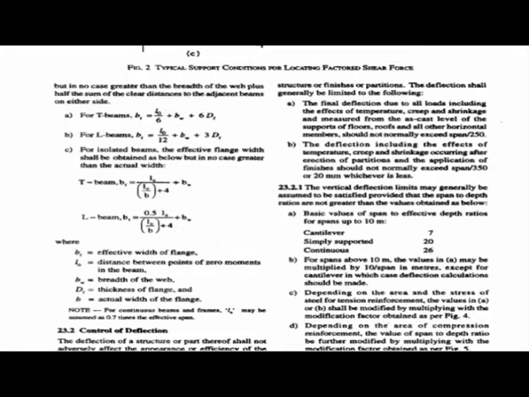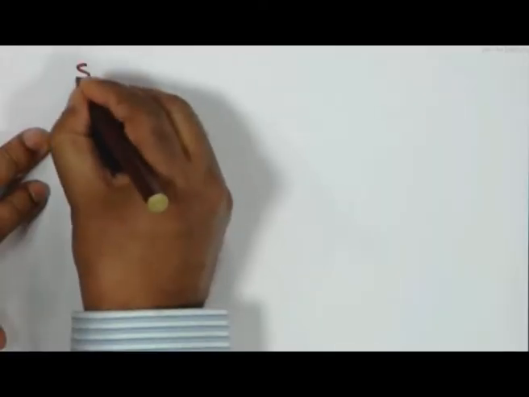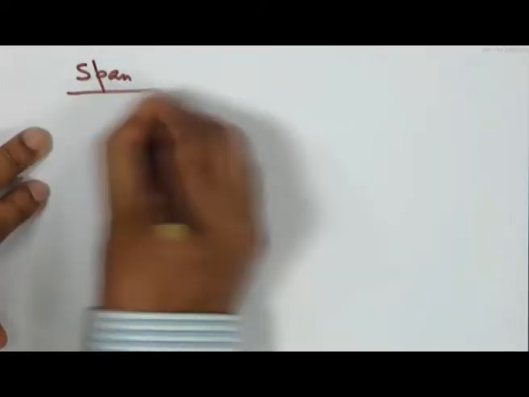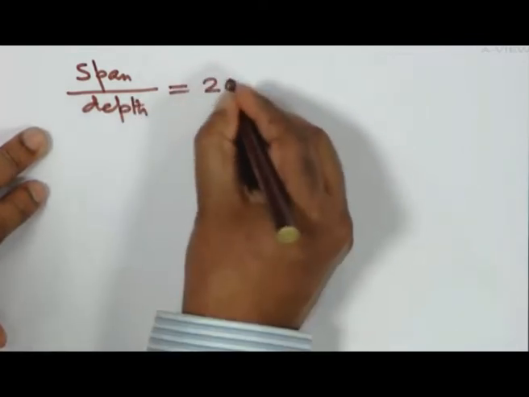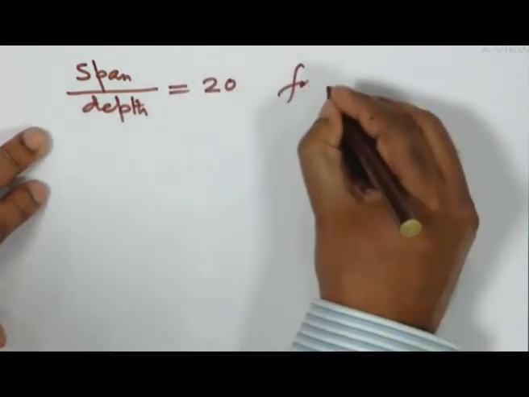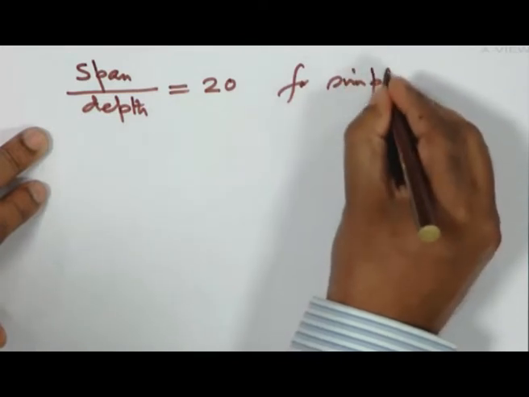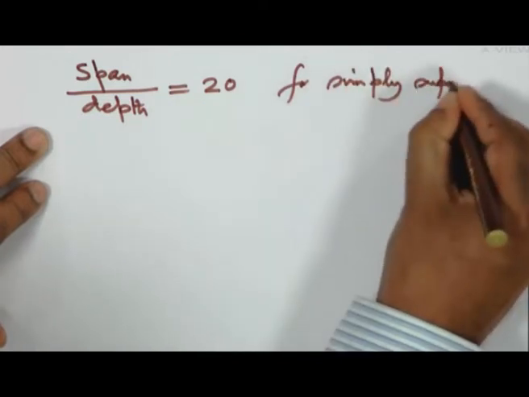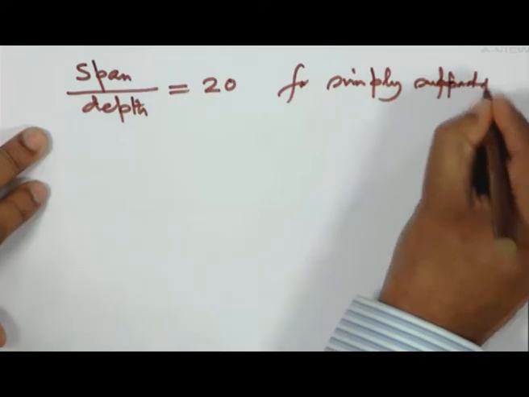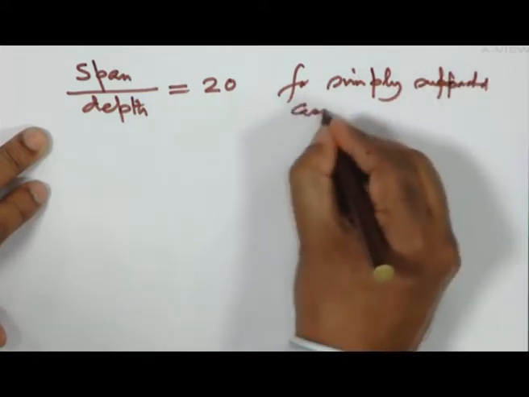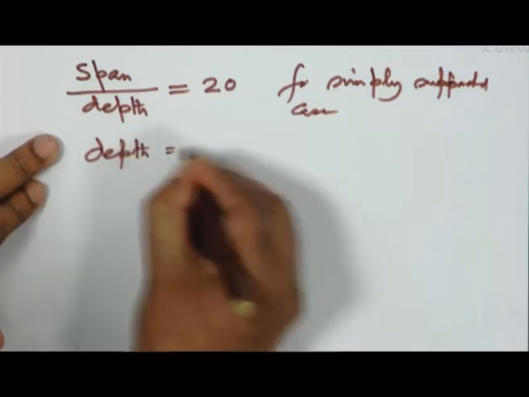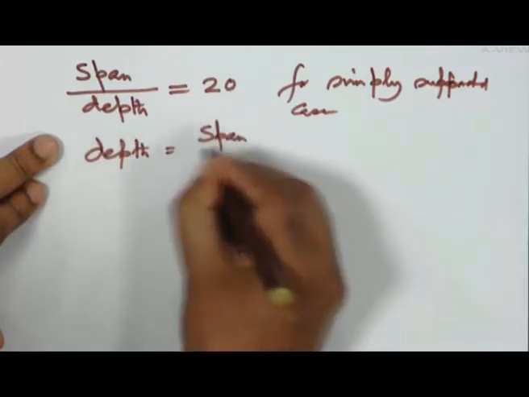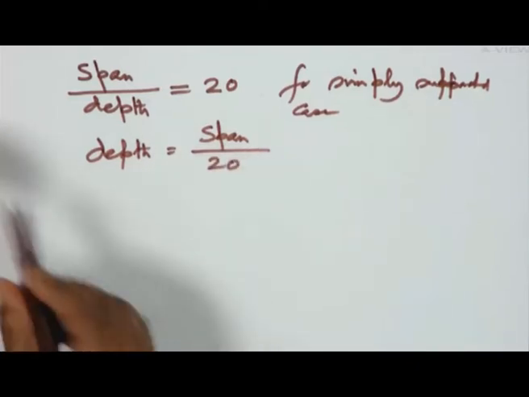If we consider span by depth equal to 20 for the simply supported case, I can find out depth equal to span by 20. So this is the initial guess.